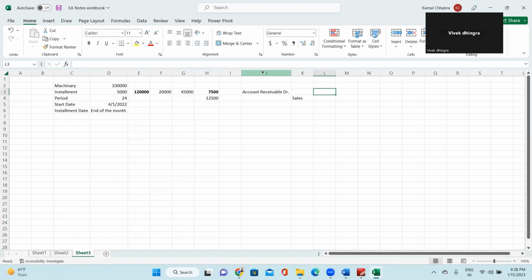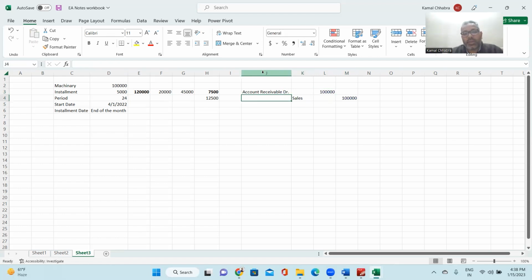For 100,000 and 100,000, right? And then this 20,000 would have been your finance income. If you have not gone to the capital gain system, then this is the journal entry you might be posting in year 1, right?